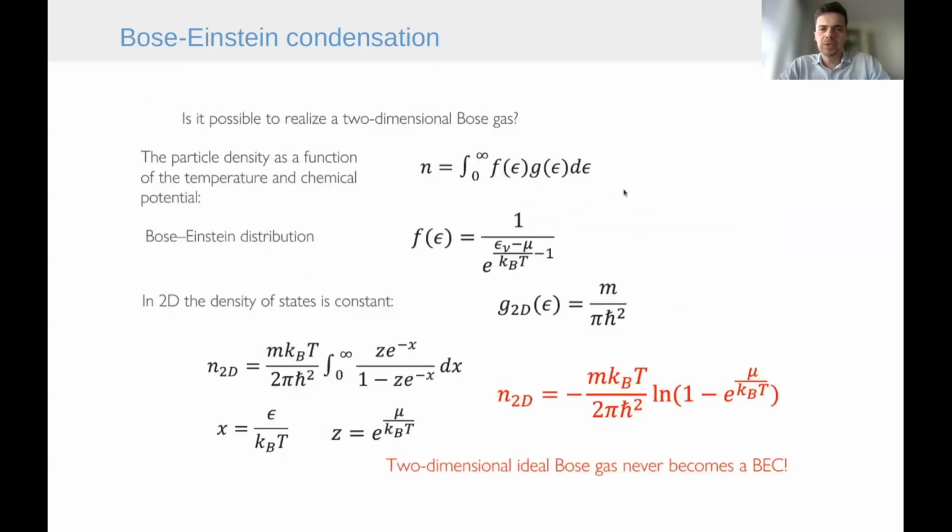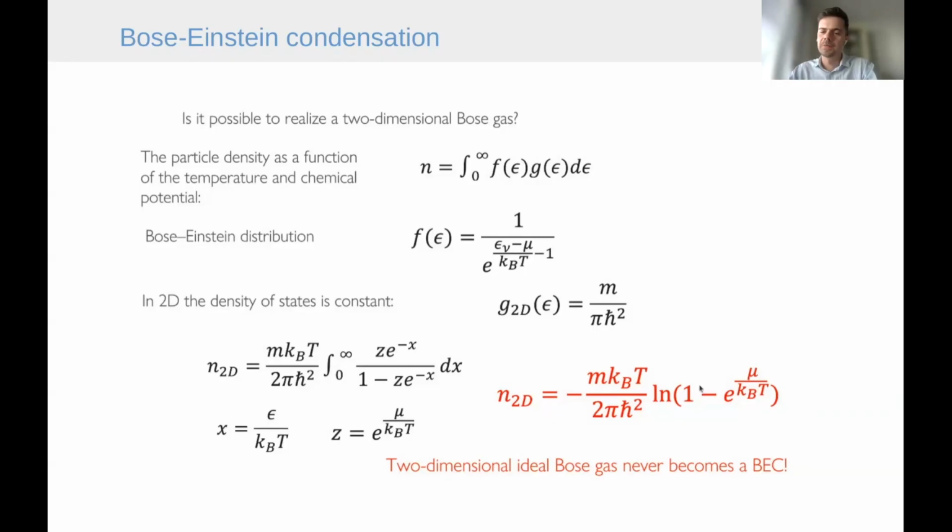So what about the two-dimensional case? In the two-dimensional case, we can do the same calculations. We still have the same formula for the particle density and the Bose-Einstein distribution, but we will have a different formula for the density of states, which now does not depend on the energy. If we calculate this integral, we'll get this result. And in contrast to the three-dimensional case, this result is not bounded from above.